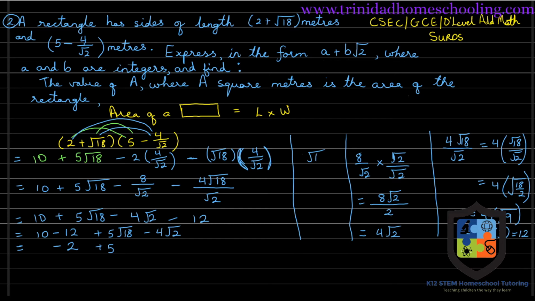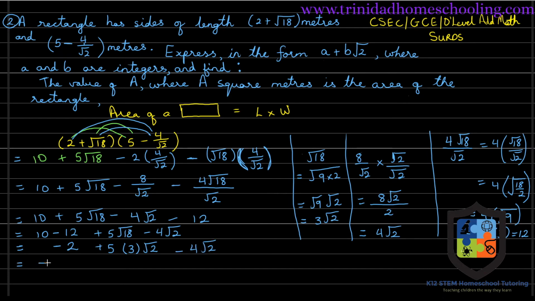The root of 18 can be broken up into the root of 9 times 2, which is the same as the root of 9 multiplied by the root of 2. And we know the square root of 9 is 3. So you see here we have our square root of 2 being pulled out. So this is 5 multiplied by 3 multiplied by that root of 2. And don't forget this term, 4 root 2.